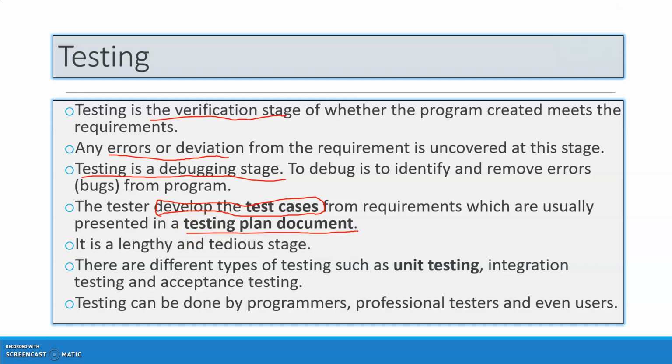So the output, or what we call a deliverable under testing, is a testing plan document, which has got all the test cases and all the necessary things that should be put in place in order for the testing to be done. It's also one of the lengthy phases, and in most cases this one spans across many stages.